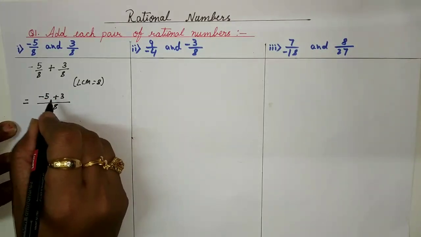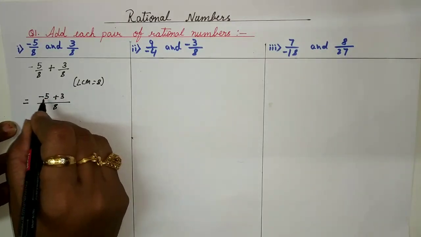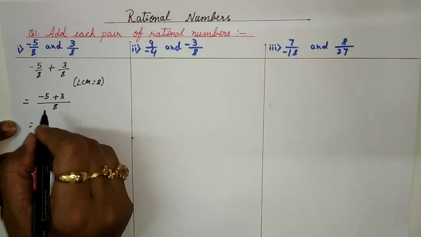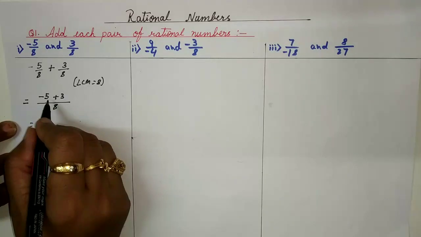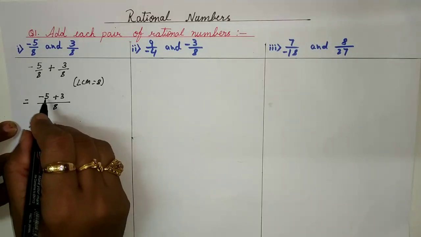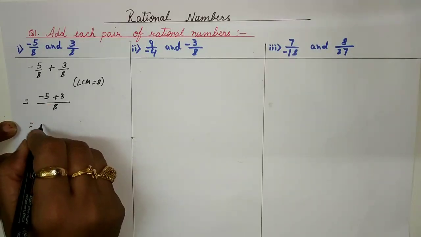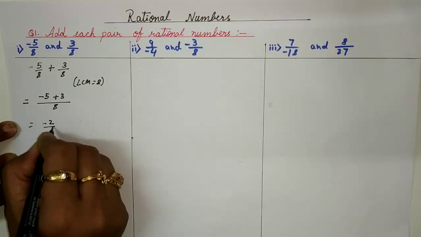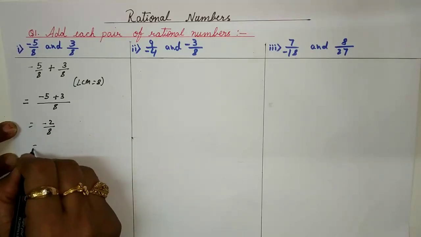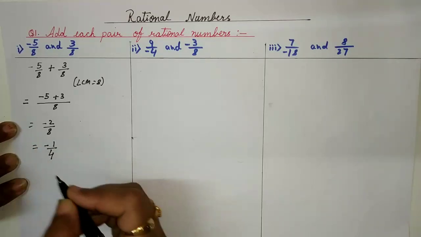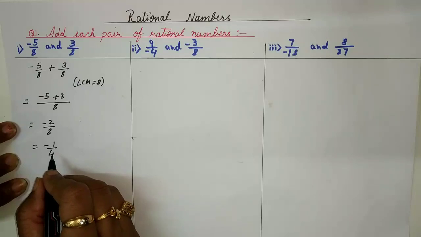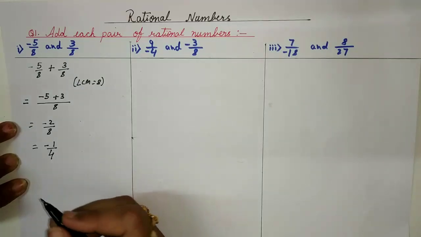When 2 numbers with 2 different signs, we need to subtract the numbers and put the sign of the greater number. Here 5 is greater, so the answer will be minus 2 by 8. When you cancel, you get minus 1 by 4. So this is also one rational number.